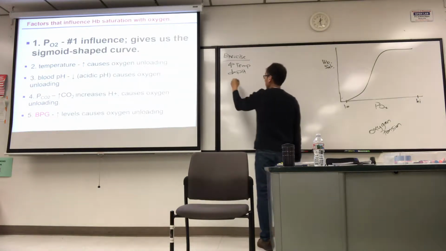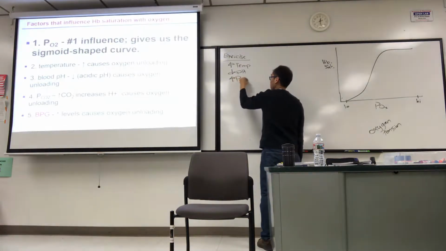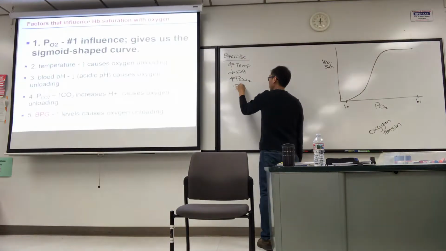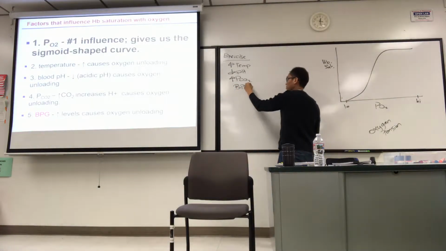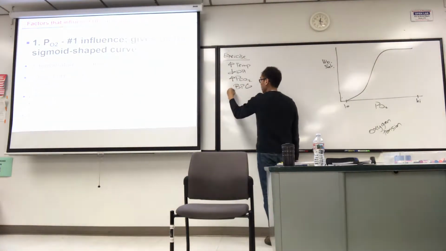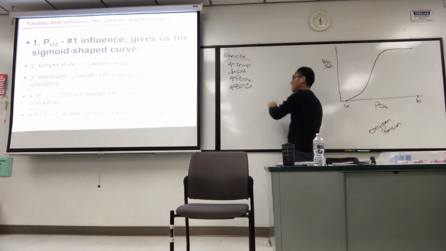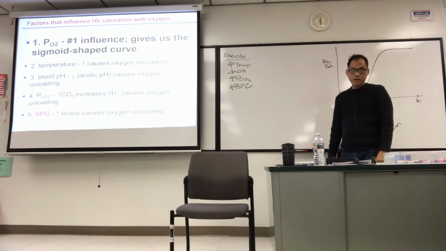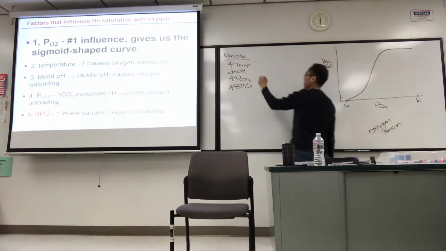You observe an increase in the partial pressure of CO2. There's a molecule, a product of non-oxidative metabolism. Anyways, it's BPG, that increases. These changes all facilitate an increase in oxygen unloading during exercise.